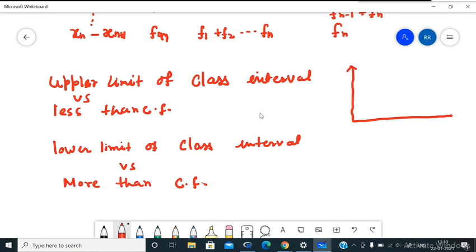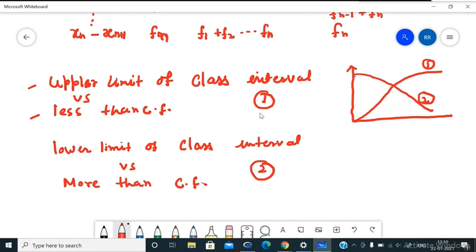Okay, so keep this in mind. Upper limit versus less than cumulative frequency will give the less than ogive. This is for plotting 1, and this one is for plotting 2.